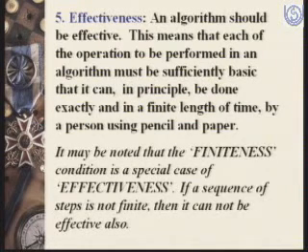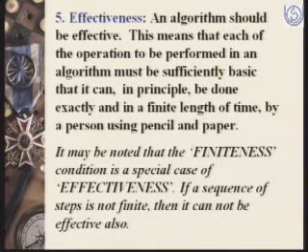This is the finiteness characteristic. Then the second is definiteness. I have said that if you include tossing a coin, etc., then it is not a definite one. Then the third, I mentioned that the number of inputs may be 0 or 1, and fourth, I mentioned that there must be at least one output for a solution to be called an algorithm.